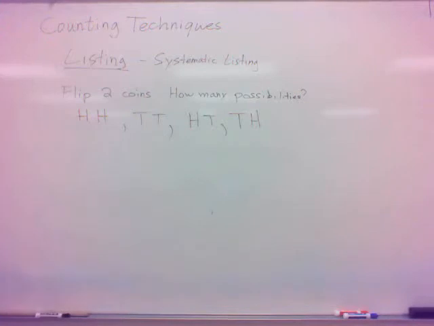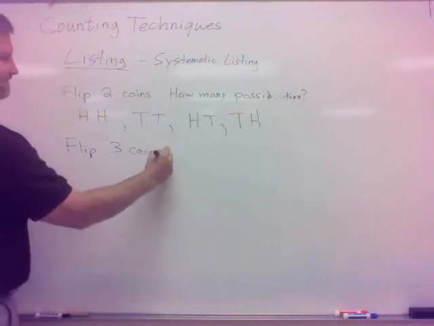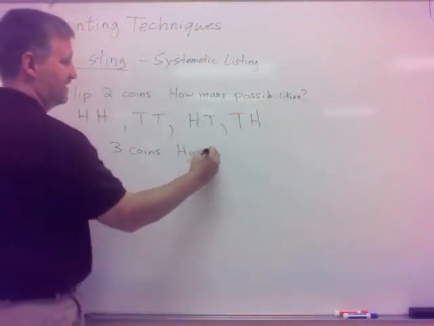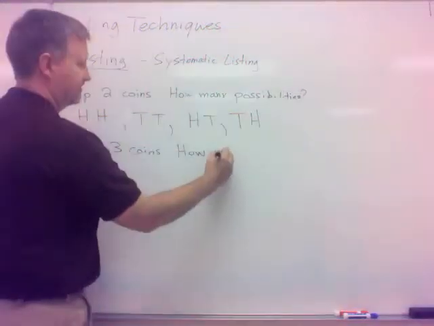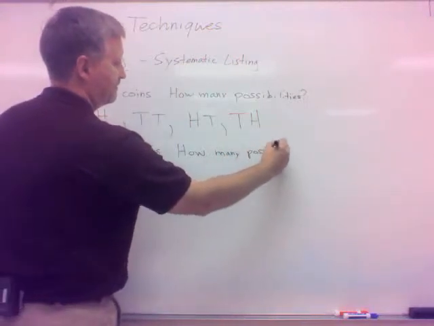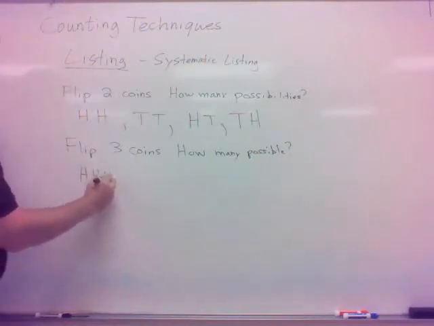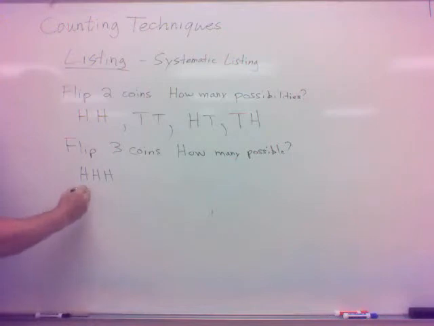Okay? What about if we flip 3 coins? How many possibilities are there? Well, again, we can have all heads, heads, heads, heads. We can have all tails, tails, tails, tails.